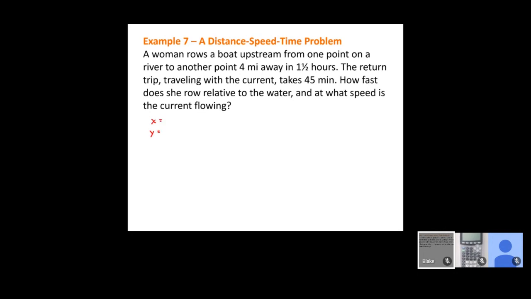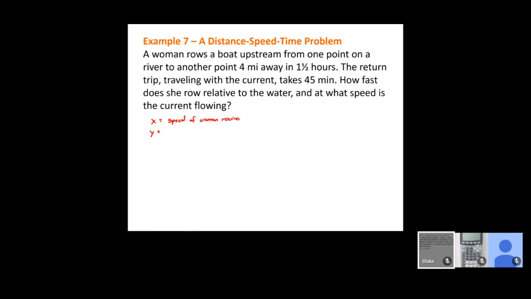All right. So if we use X, what could X represent in this case based off of what we're trying to solve for? Okay, the speed of the woman, right? So we'll say speed of woman rowing.